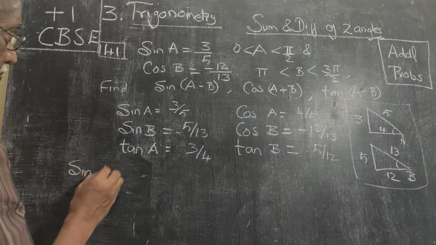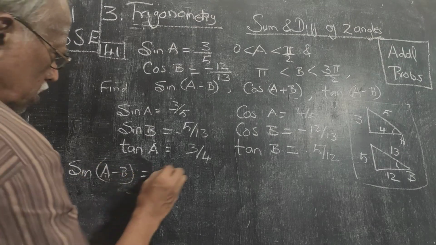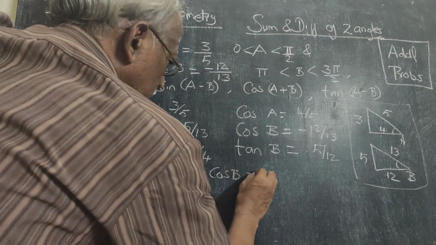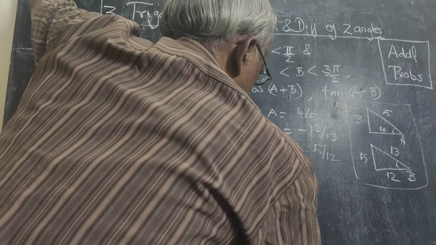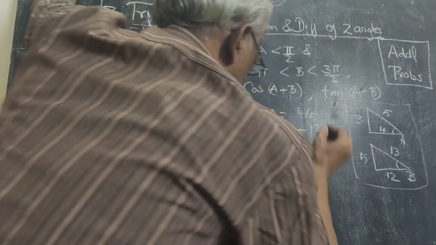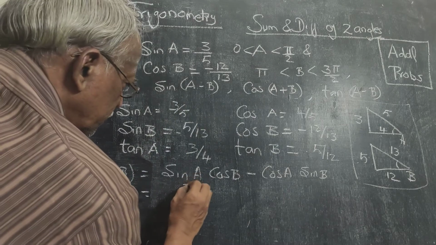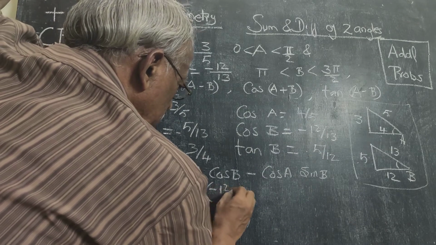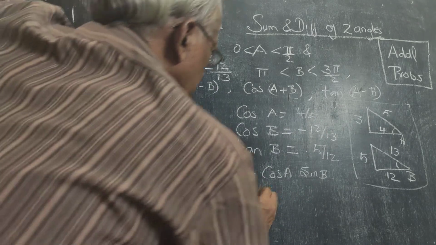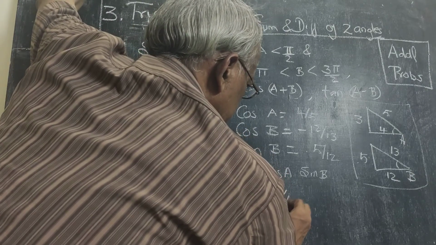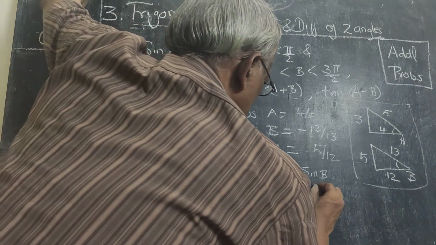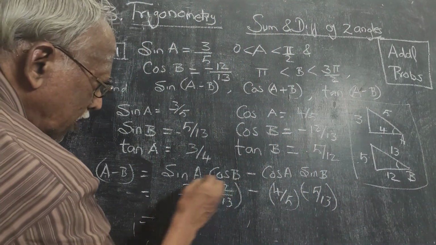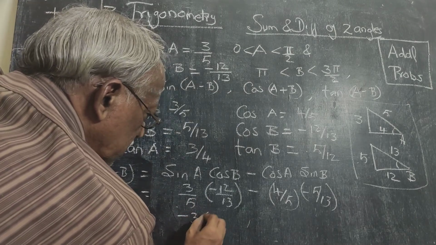We need sin of A minus B. We know the formula, that is sin A cos B minus cos A sin B. Now substitute the values. Sin A is 3 by 5, cos B is minus 12 by 13, minus cos A and sin B. So the result is 12 into 3, so minus 36.